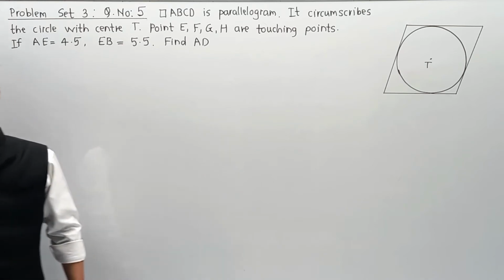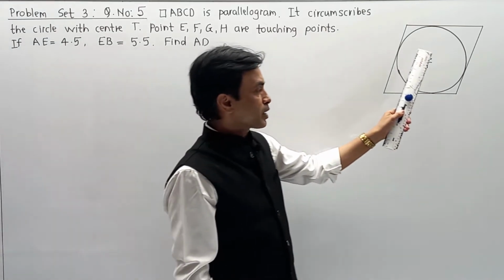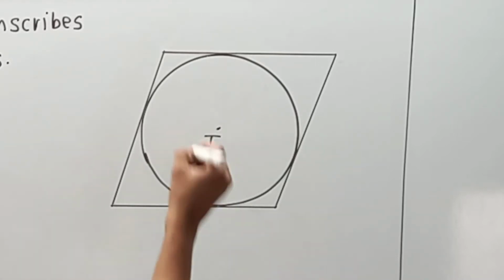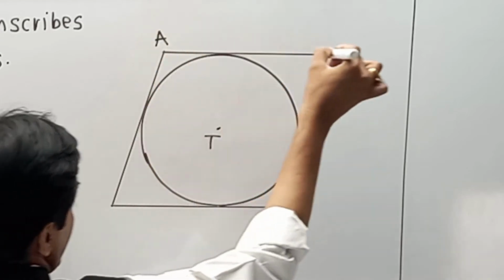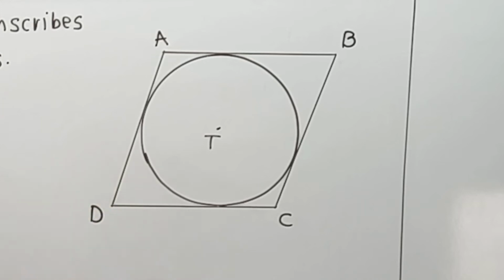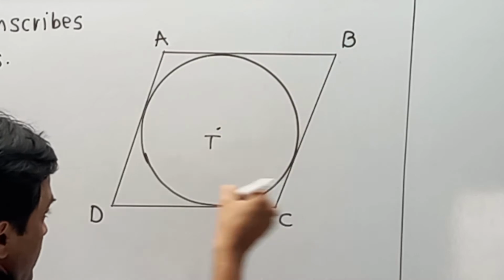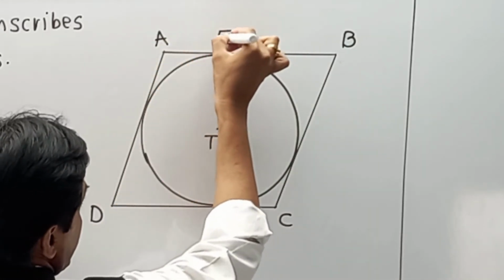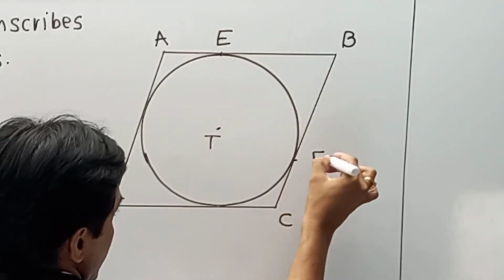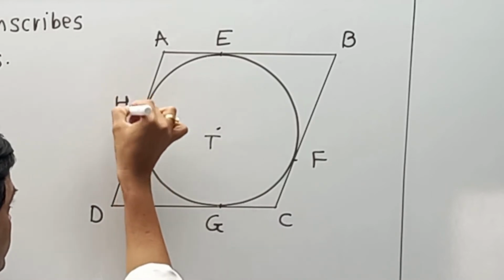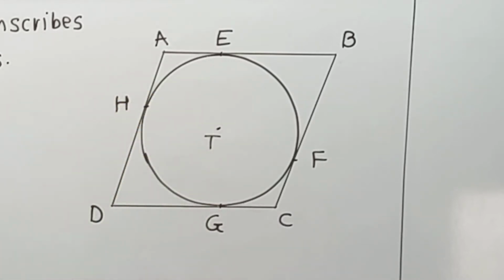Let us observe the entire question from the diagram. They have given ABCD as a parallelogram. It is the first stage of the diagram. Now, this parallelogram has its sides touching the circle at points E, F, G and H, as mentioned by them.